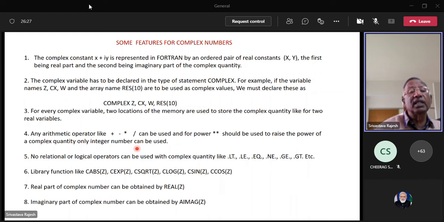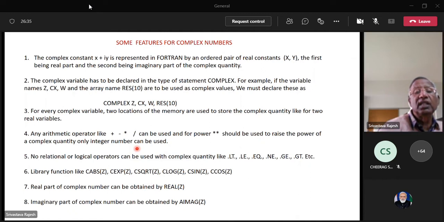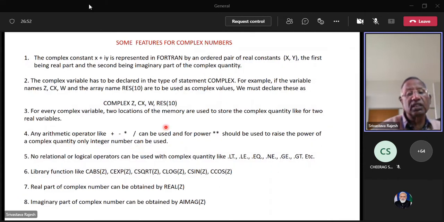Like I cannot write Cx star 2.0, not allowed. Cx to the star z, not allowed. For complex, you can raise the power only by an integer quantity. You can think of that as the restriction that you have.